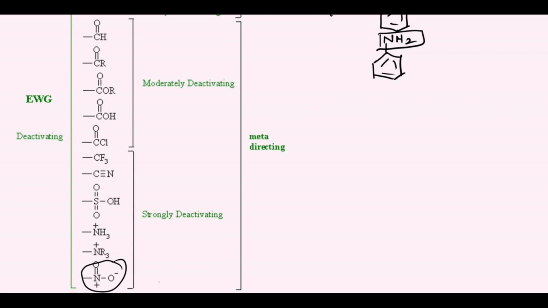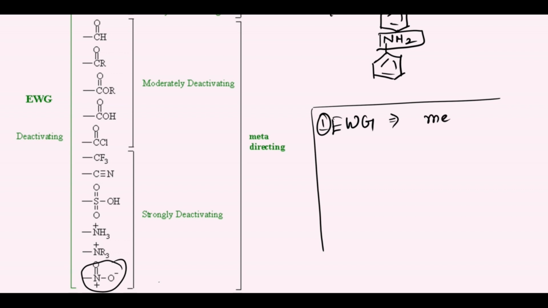Please make a note of it. If there is an electron withdrawing group in the ring, then you have to place the electrophiles in the meta position. Meta position means the third position from the substituent.